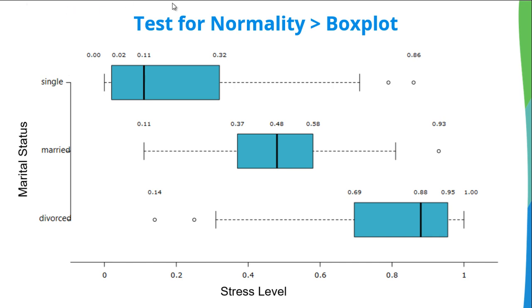From here to here is our interquartile range, and our interquartile range is 50% actually. From here to here is 50%, so that 50% has a total of 0.3.